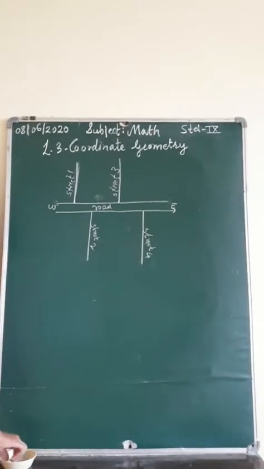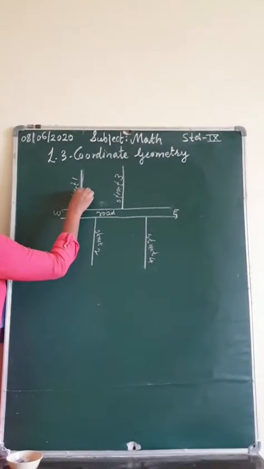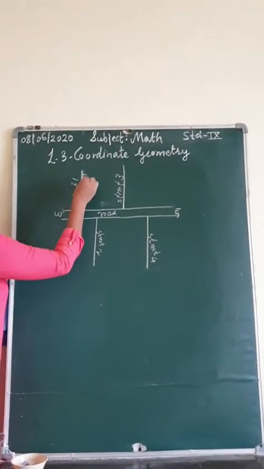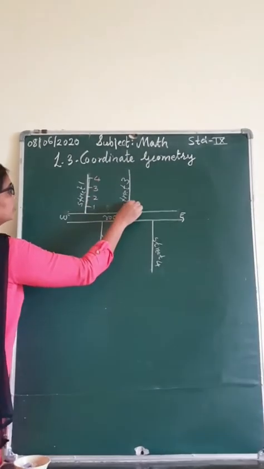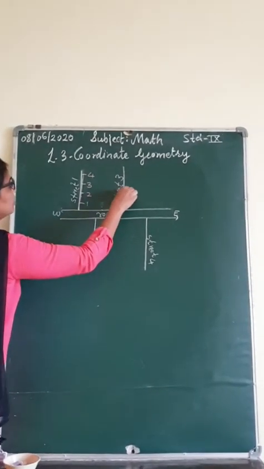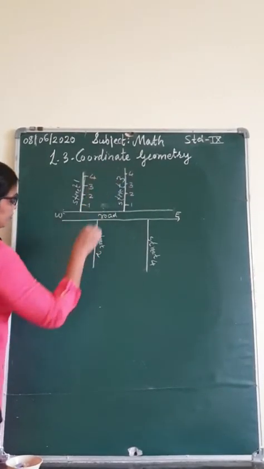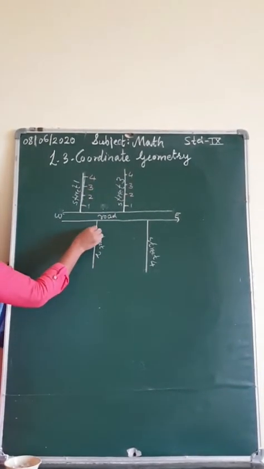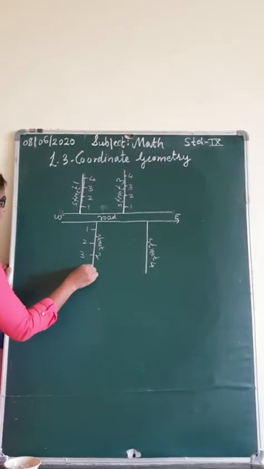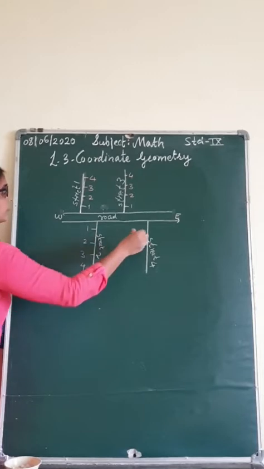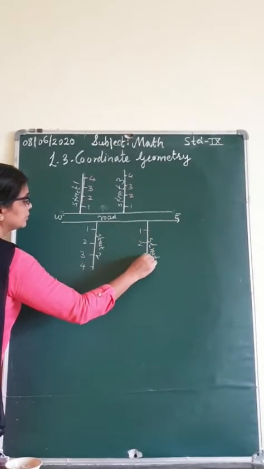Now on the streets there are houses which are numbered 1, 2, 3, 4, and again the same here.